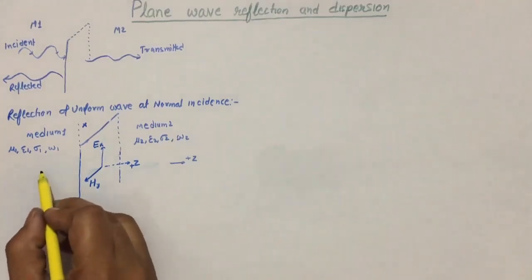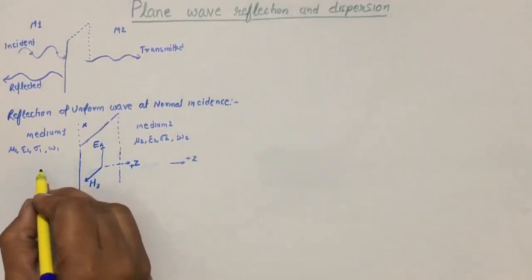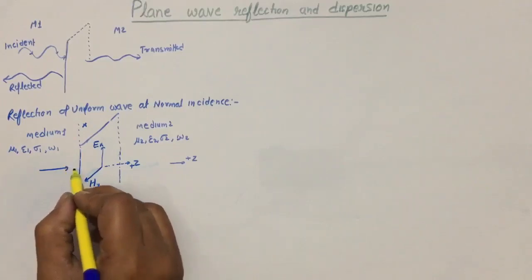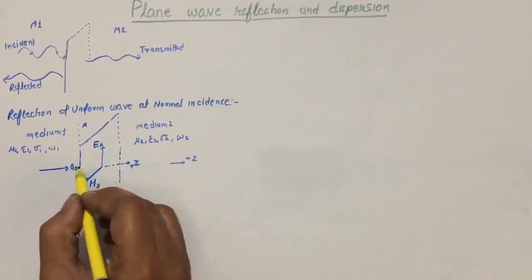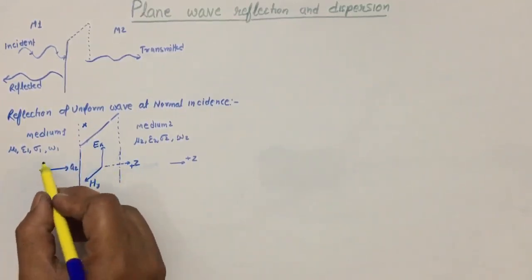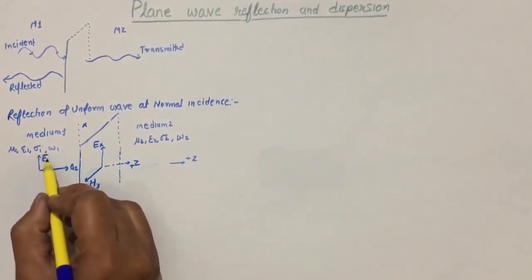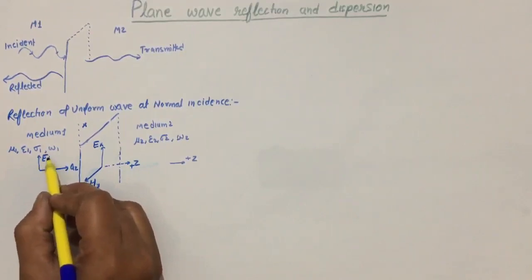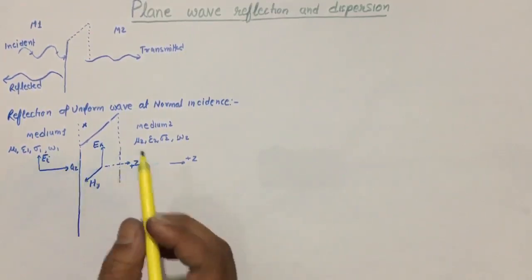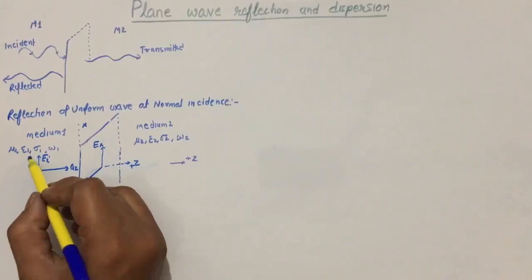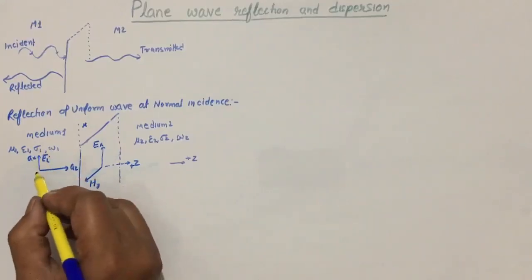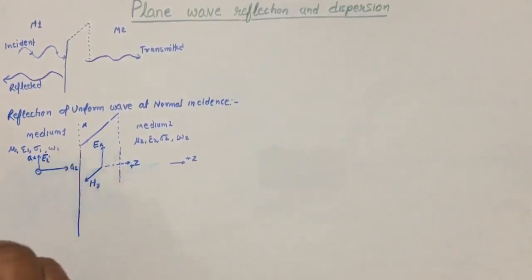The wave is propagating in the z direction, so the incident wave is propagating in the az direction, positive z direction. The electric field component, E_i indicating the incident wave, is in the direction of x, and the H component will be upward.